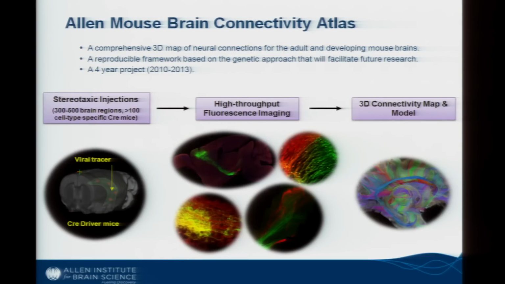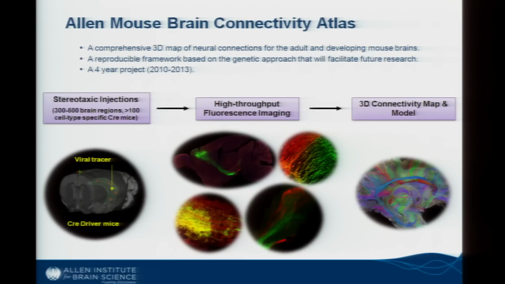The main idea is to use different kinds of Cre lines that label different cell types, and then use a Cre-dependent viral tracer such as AAV to inject into specific regions, and that gets infected into the specific neurons that are marked by the Cre driver, and then map the axonal projections of those specific groups of neurons throughout the entire brain.